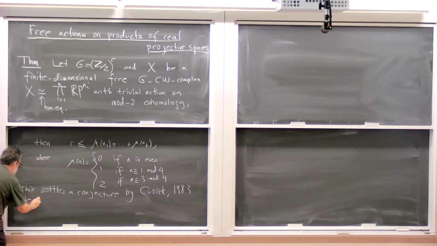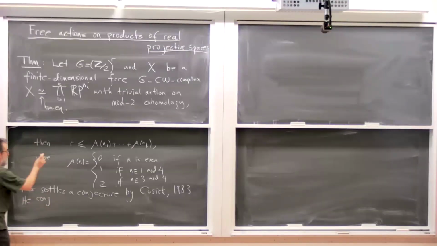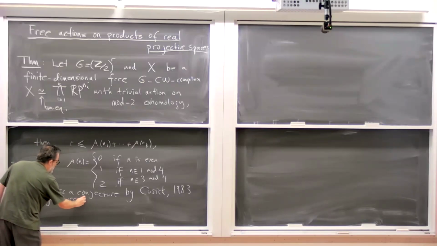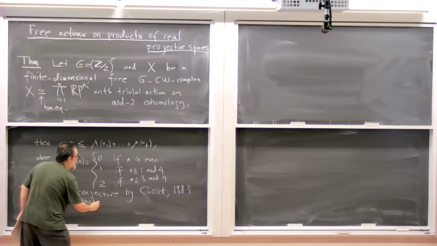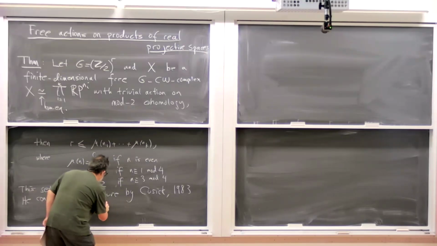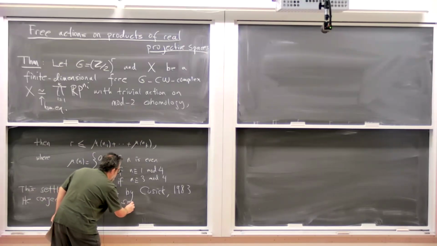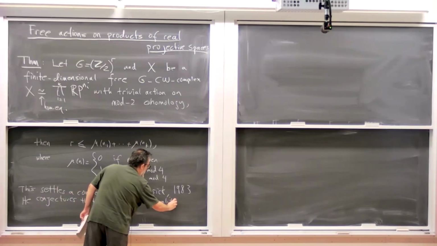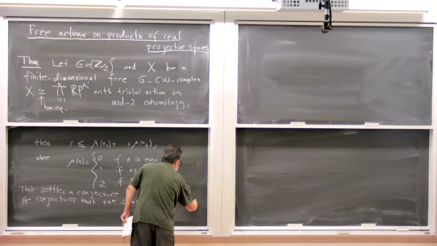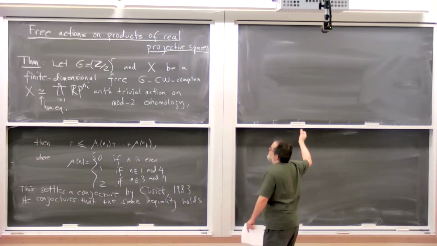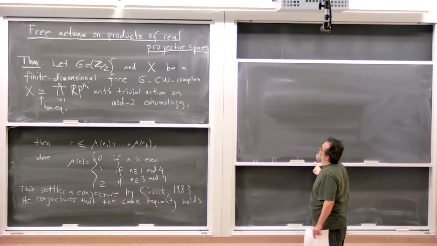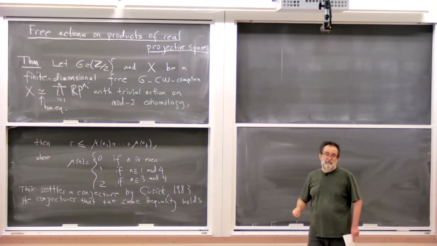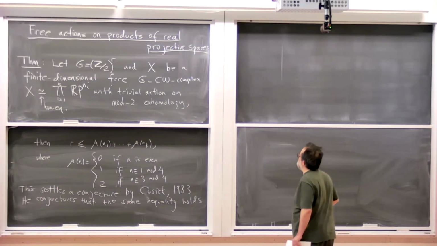He conjectures that the same inequality holds under just a weaker condition, that X has the mod 2 cohomology of a product of real projective spaces.